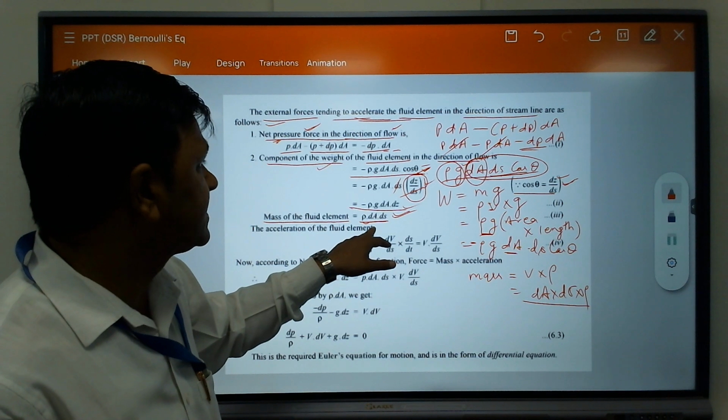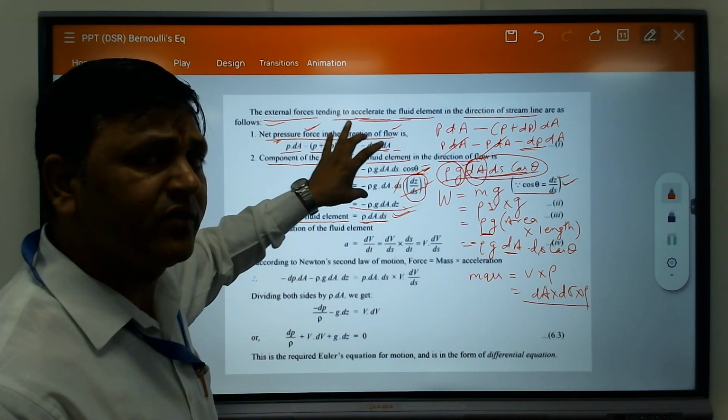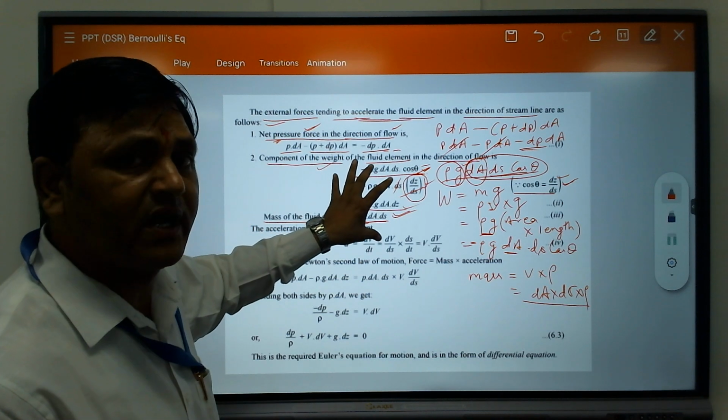This is the mass. We have determined the total forces on the fluid element and the mass of the fluid element.